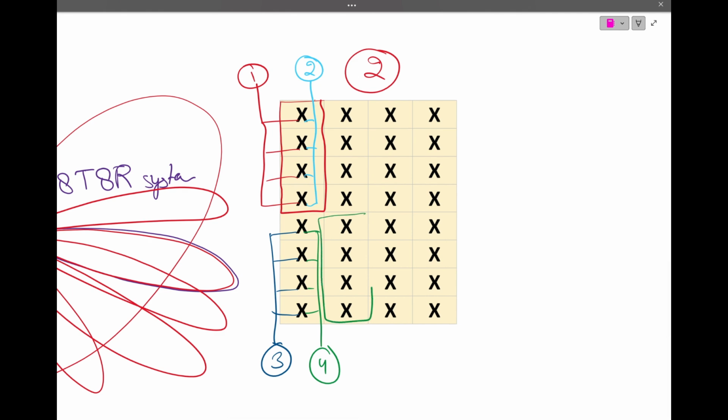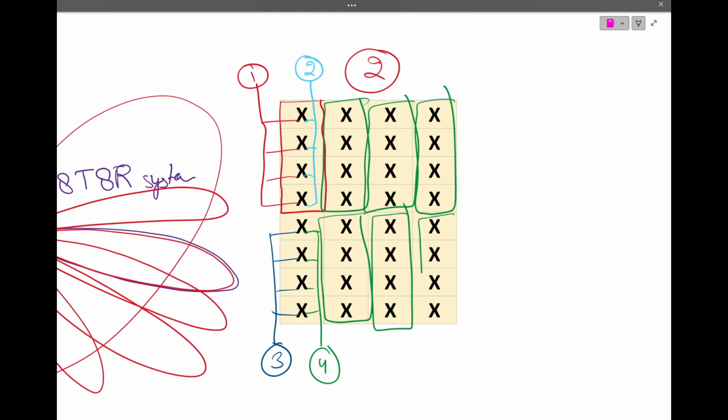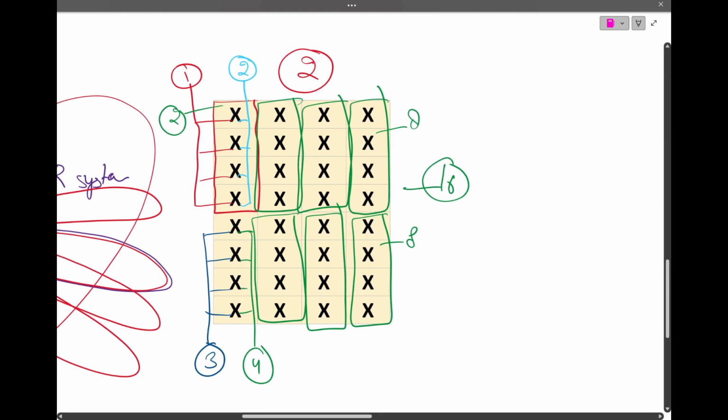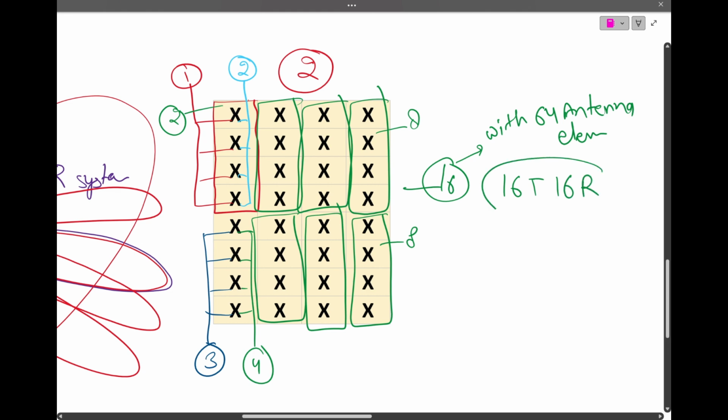Similarly, every group of 4 antennas is grouped together and connected to a single input. So in total, 8 here and 8 here, total 16. So we have 16 antennas with 64 antenna elements. So this system is 16TR, 16T16R.